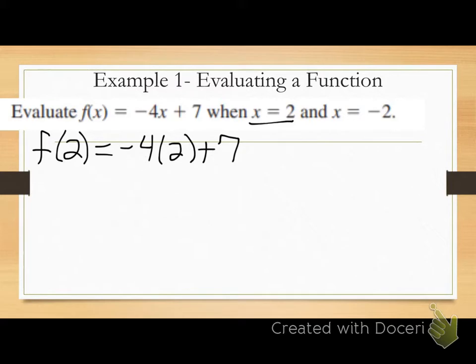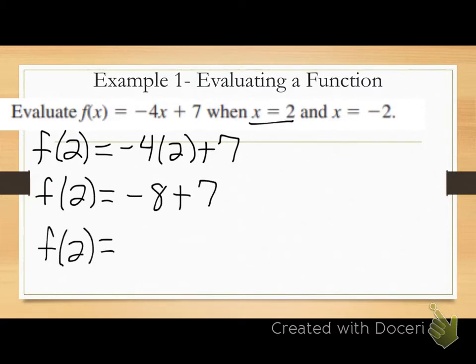Now I'm just using my order of operations. What comes first, multiplication or addition? Multiplication. So what's negative 4 times 2? Negative 8. Negative 8 plus 7 gives me negative 1. So f of 2 equals negative 1.